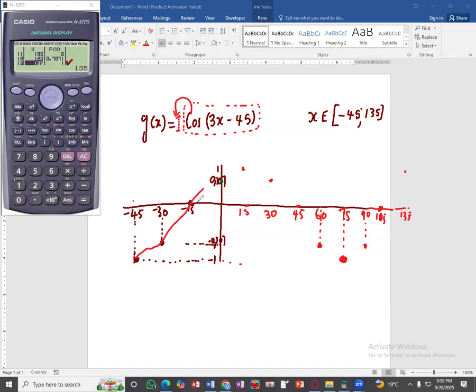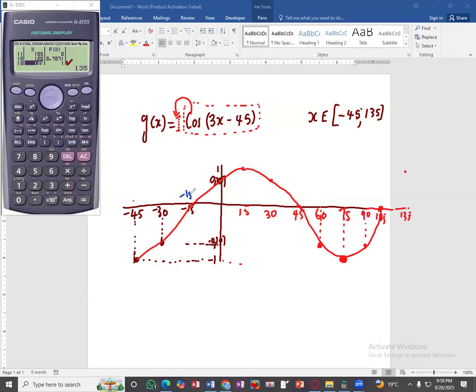Sorry, excuse me guys, let me try to make it neat. The graph goes like this. It goes like this. It goes like this. It turns here. It goes like this. So show the critical points. Let me show the critical points.